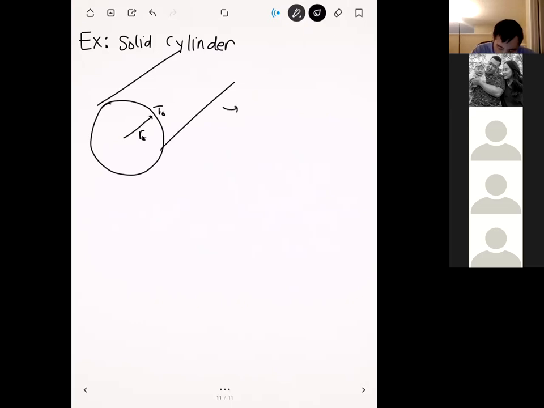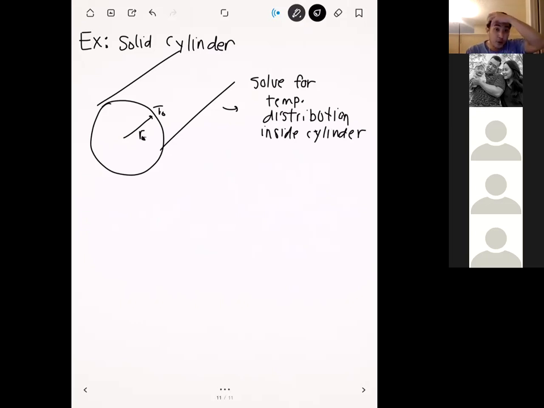Just like before, we're going to solve for the temperature distribution inside the cylinder.